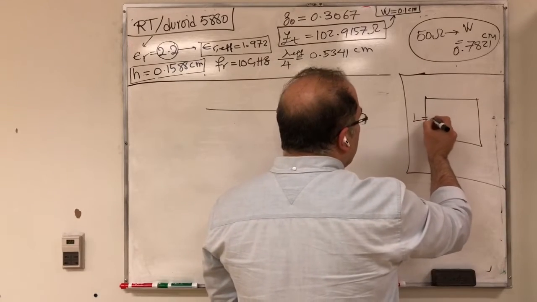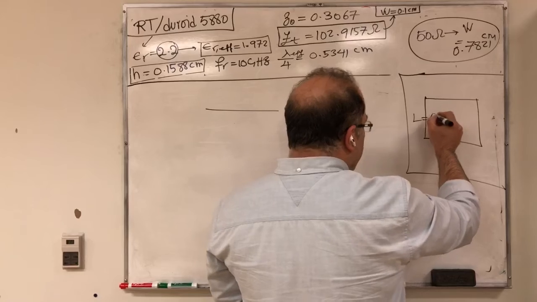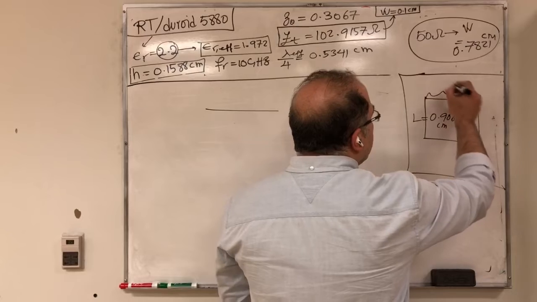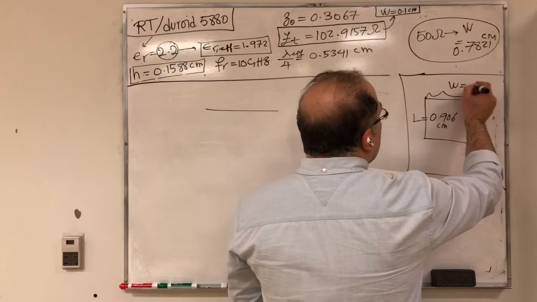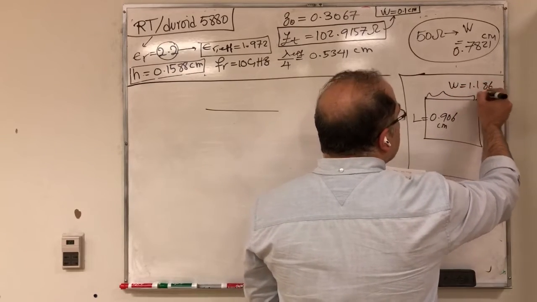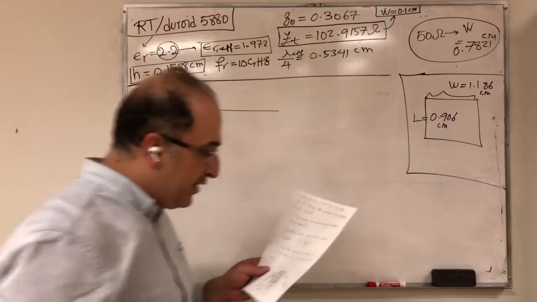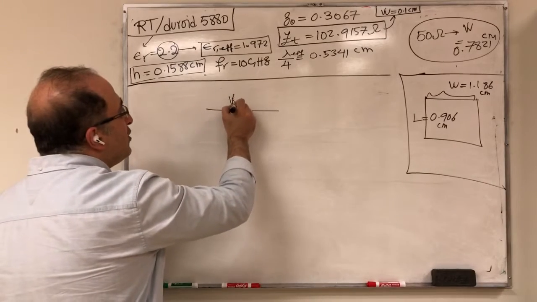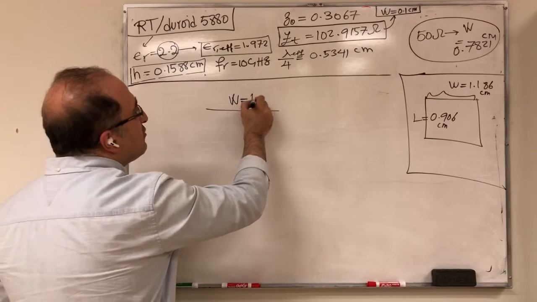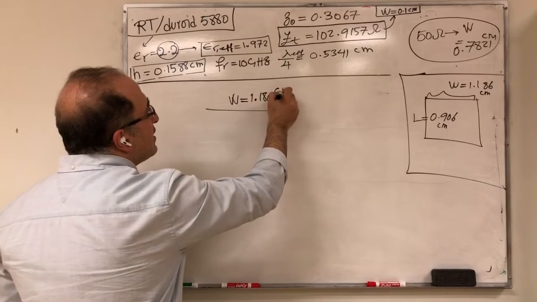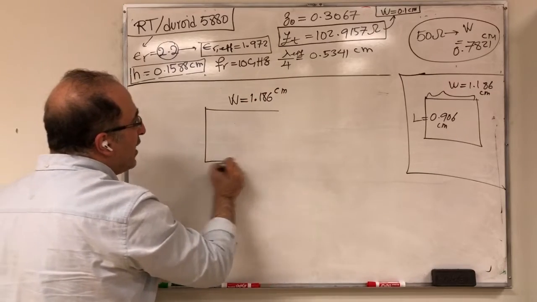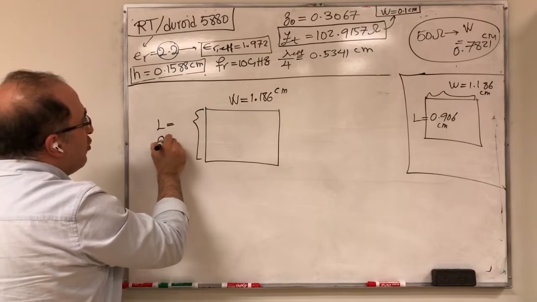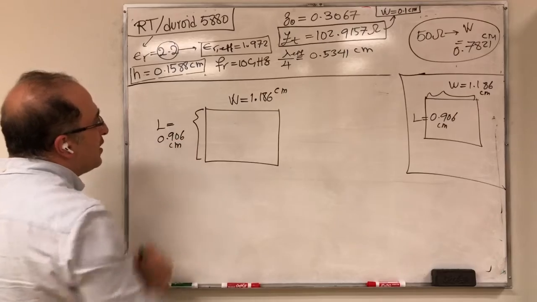But let me just make the size of the patch clear again. L was 0.906 centimeter. W was 1.186 centimeter from our previous lecture. So this was the dimension that we had. So this is our W for the patch, which is 1.186 centimeter. Now this is our L, which is 0.906 centimeter.